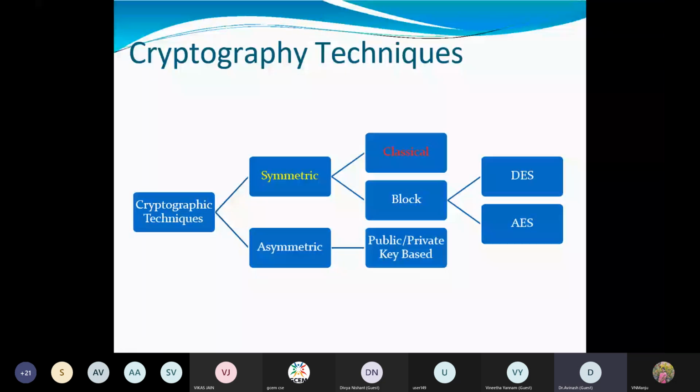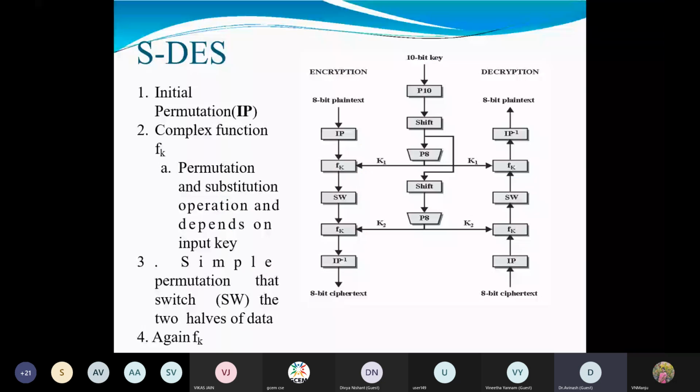Next, we are talking about the encryption algorithm. In this first encryption algorithm, which I am going to discuss with you, there is an initial permutation, and after that we perform a complex function with the help of a function key, and then we do a simple permutation, and then we again apply the function key.